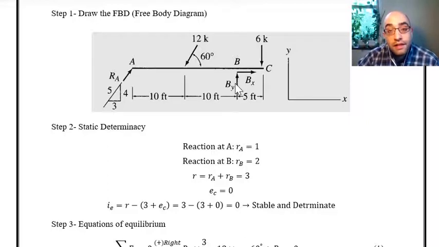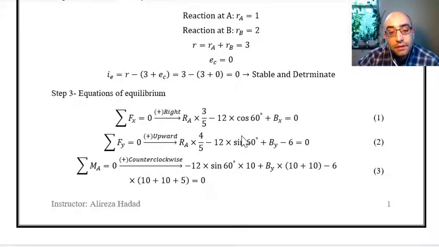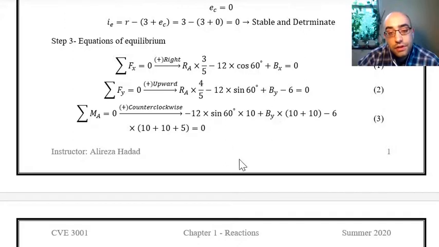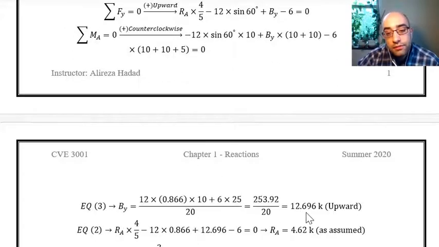But if I find a negative value, it means that my assumption was wrong and the direction is the other way. For By, I assumed it is upward. I solve this equation. The value is 12.696 kip. Since it is positive, it means that my assumption was right and By is upward.